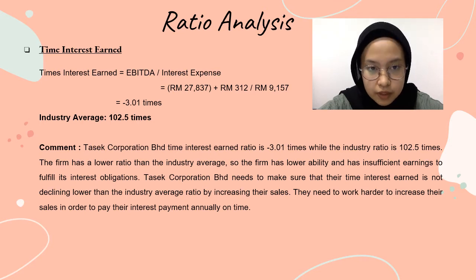Tasek Corporation Berhad needs to make sure that their times interest earned is not declining lower than the industry average ratio by increasing their sales. They need to work harder to increase their sales in order to pay their interest payment annually on time.